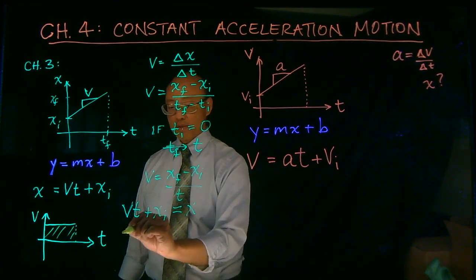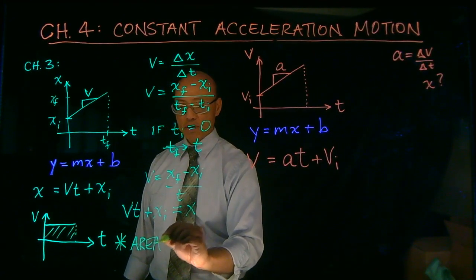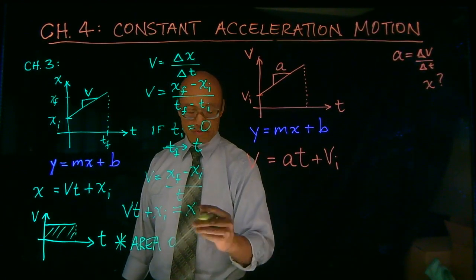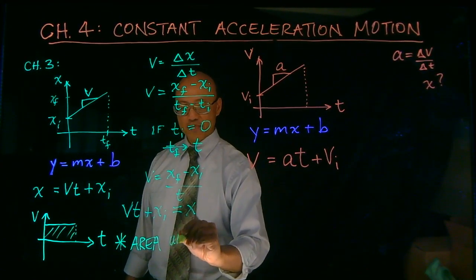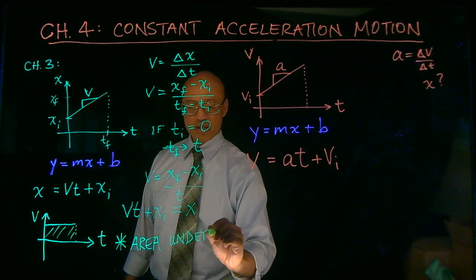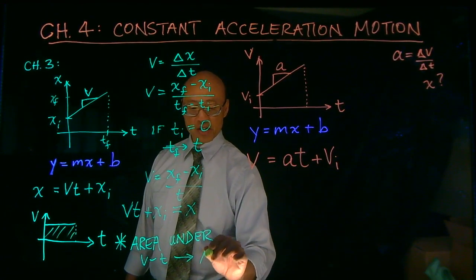The idea we're going to use is the following: the area under the VT graph corresponds to my change in position.